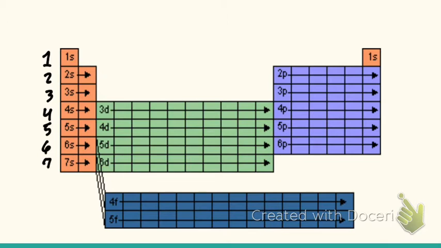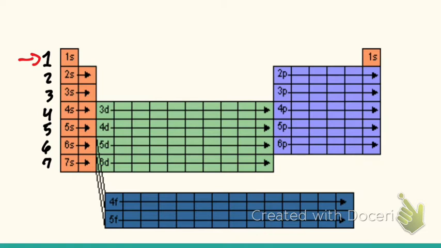So there are going to be 7 energy levels. We are always going to start at row 1, and we're going to read from left to right. What we have are our different blocks.